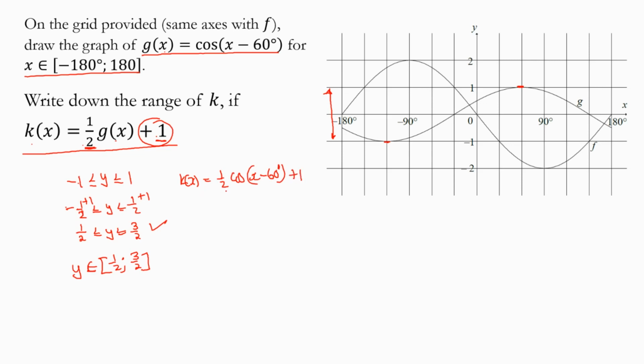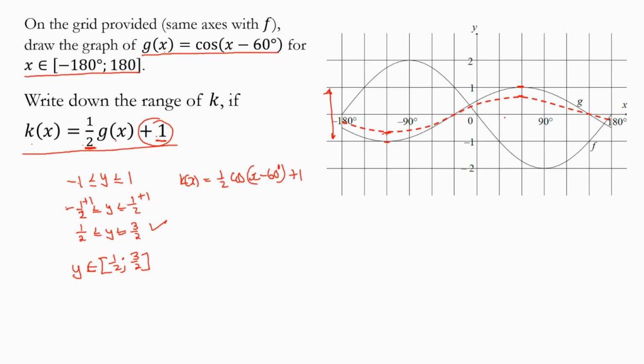Just before it is shifted upwards, the graph of half cos of x minus 60 degrees is going to look like this, where the minimum point is -half here, and then the maximum point is half, like that. And then the graph is shifted upwards by 1 unit.